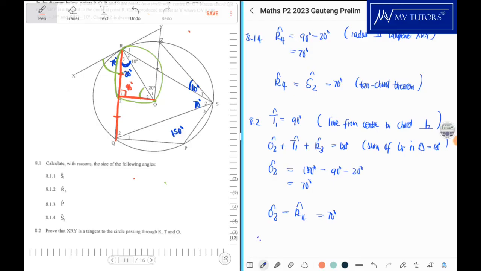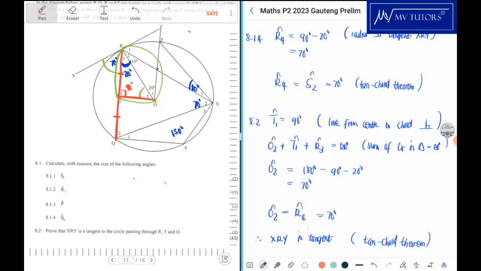And therefore we can conclude that XRY is a tangent, and that is due to the tan-chord theorem.